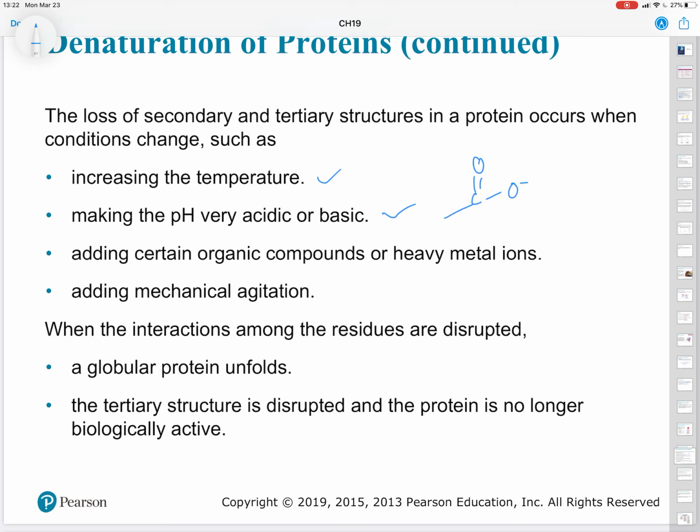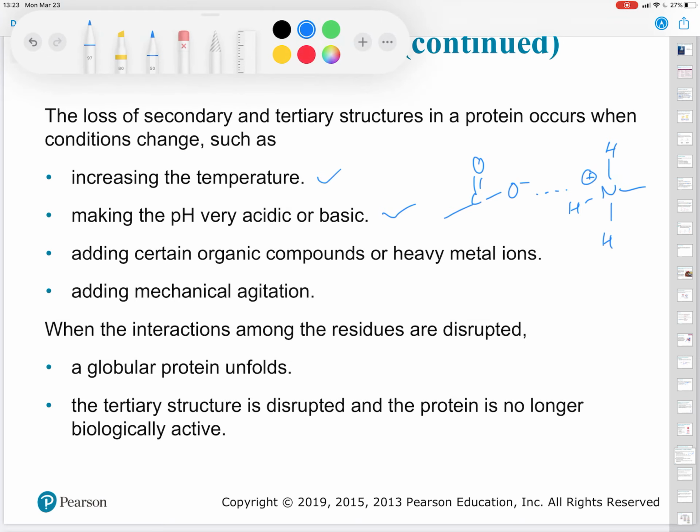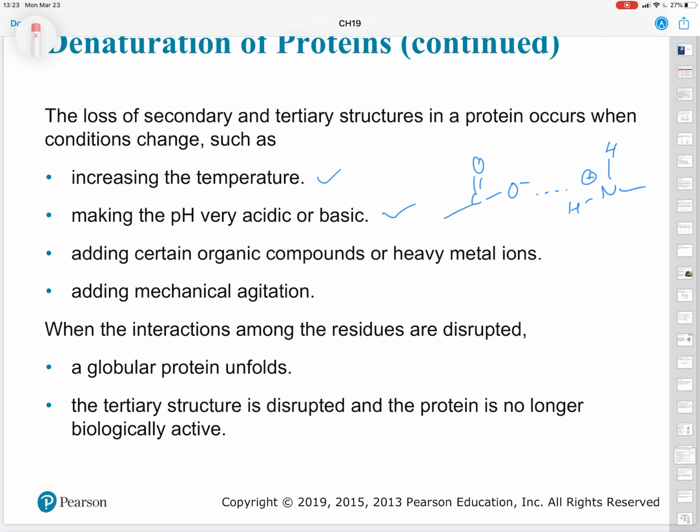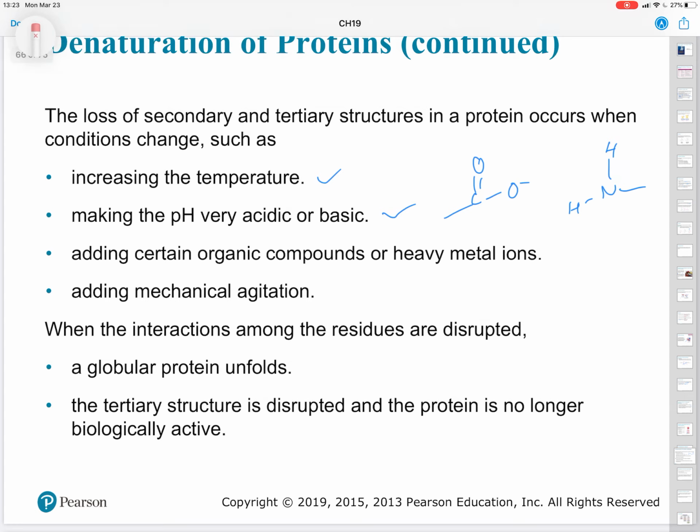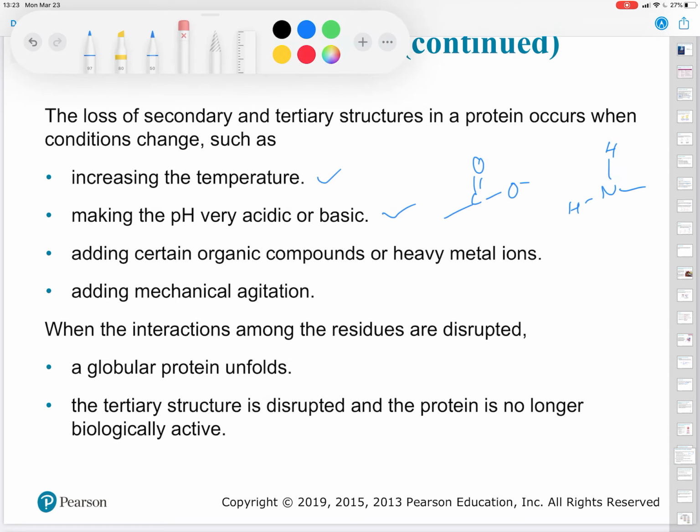If I've got this happening, and then I change the pH to be very, very basic, then this guy loses its H, it loses its charge. These are no longer going to be interacting with each other. So that's how pH is affected.